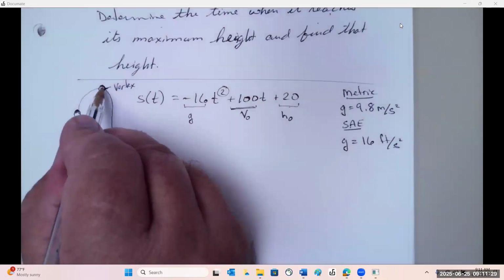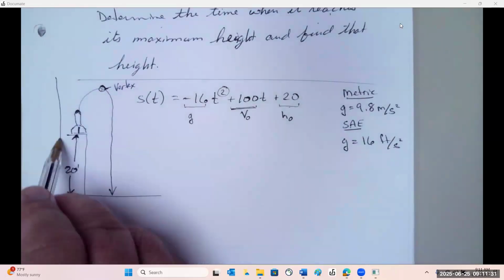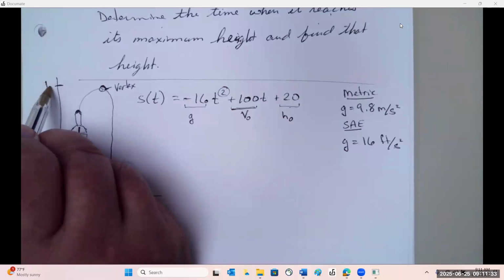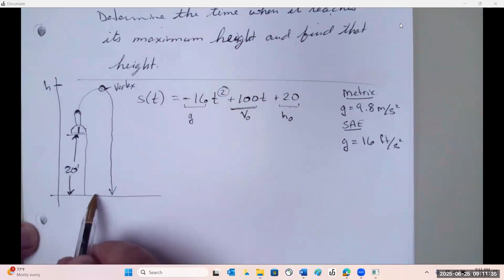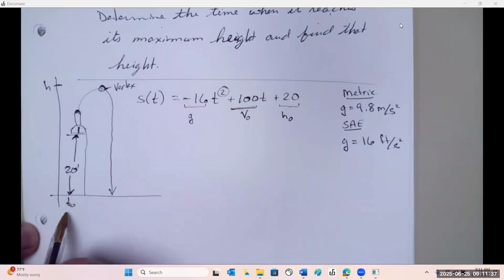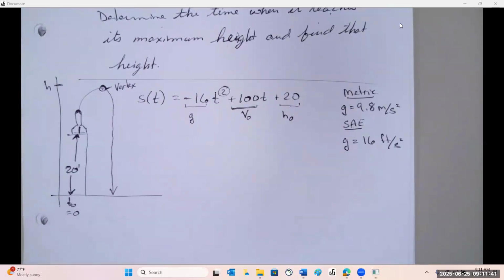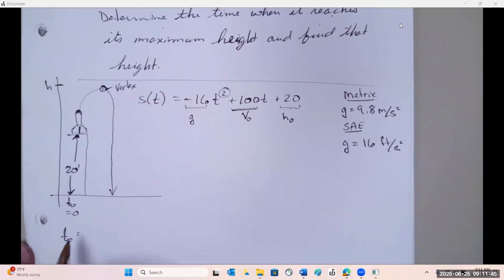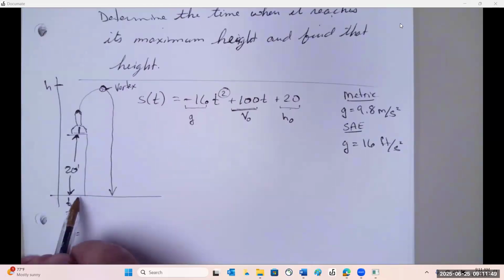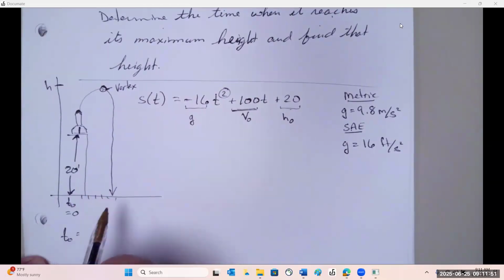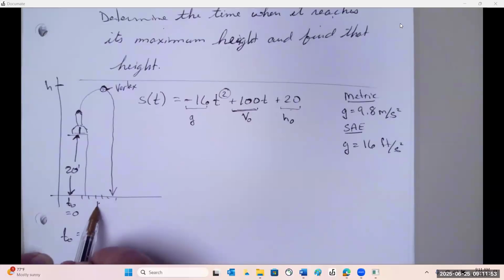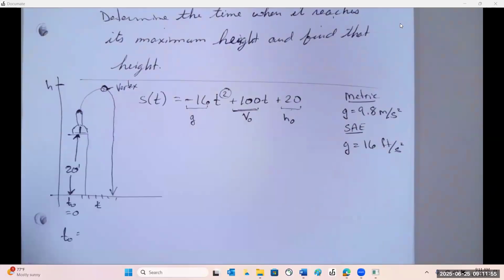What we want to know is, in a graph, what is this height? At time t equals 0, the subscript is a counter. At t sub 0, that's the initial; everything starts at 0. And then it counts off 1, 2, 3, 4, 5. So we want to know at what time it reaches its highest point.